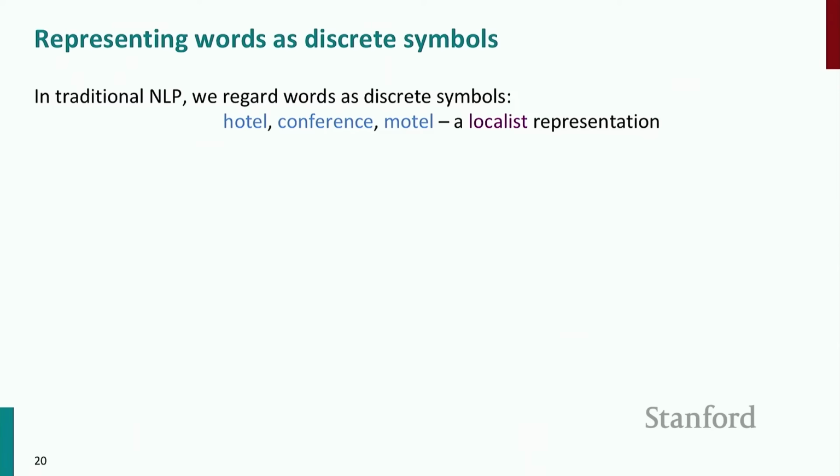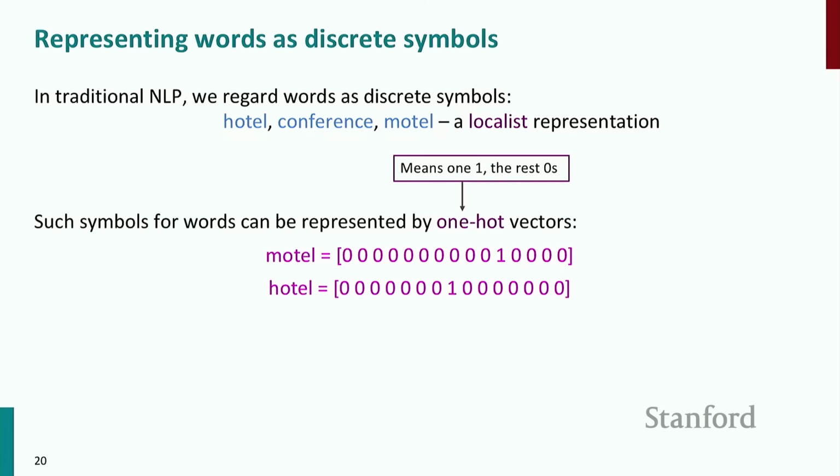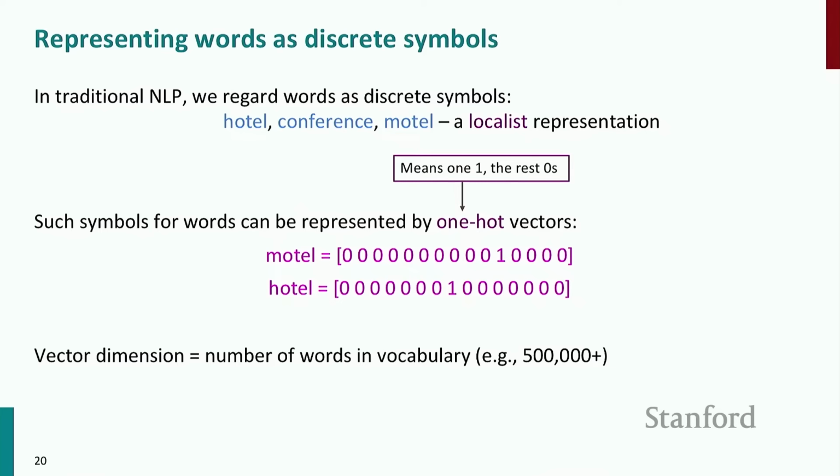And if we then turn those into something that's closer to math, how symbols are normally represented is you have a vocabulary and your word is some item in that vocabulary. So motel is that word in the vocabulary, and hotel is this word in the vocabulary. And commonly this is what computational systems do. You take all your strings and you index them to numbers, and that's the position in a vector that they belong in. And well, we have huge numbers of words, so we might have a huge vocabulary, so we'll have very big and long vectors.